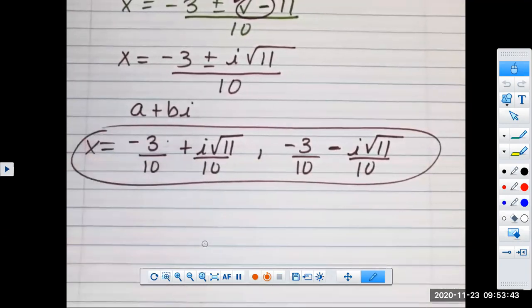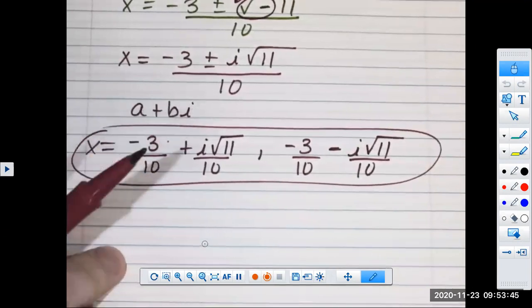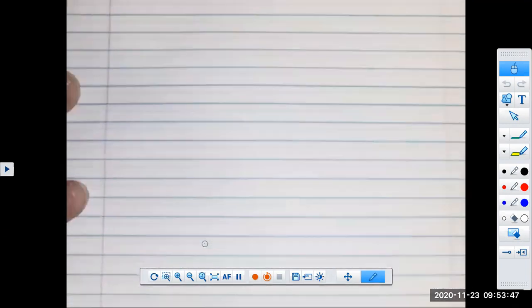Okay, the last thing that we got to talk about in 4.8 is graphing complex numbers.